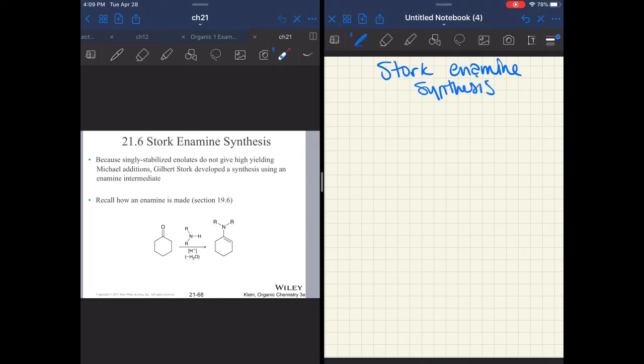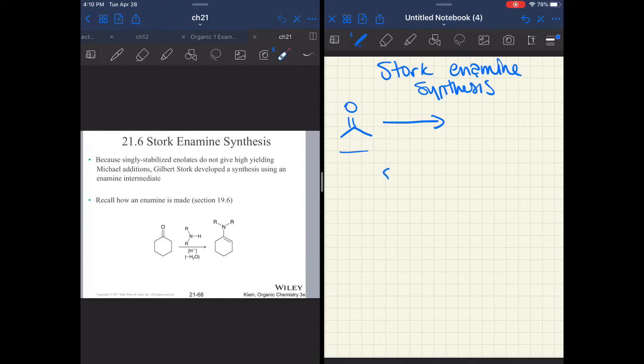Now, this is another one. I'm not going to ask you to do the mechanism because it's about 3 different reactions altogether that you do know the mechanisms for. But I do want you to be able to predict products or to use it in a synthesis. So from here, we're going to start with the ketone. They're using cyclohexanone. I'm going to use acetone. And you're going to start by making an enamine.